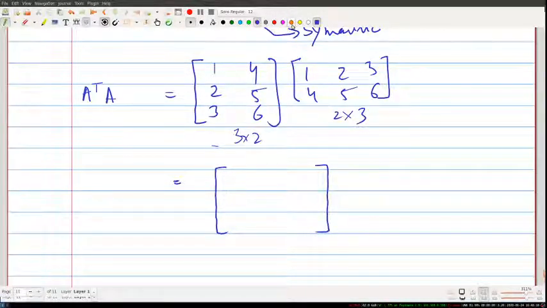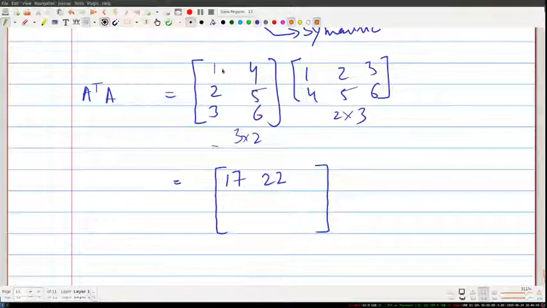And let's do a row operation. So first, 1 times the first row and 4 times the second row. So I can say the first row is going to be 1 times this plus 4 times this. So 1 plus 16 is going to be 17. 2 plus 20 is going to be 22.